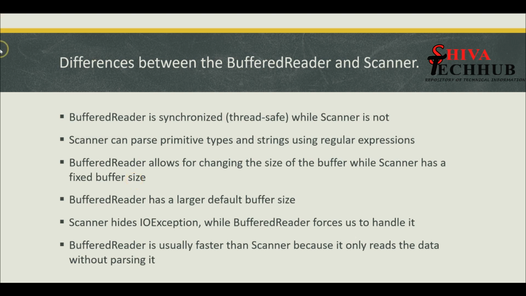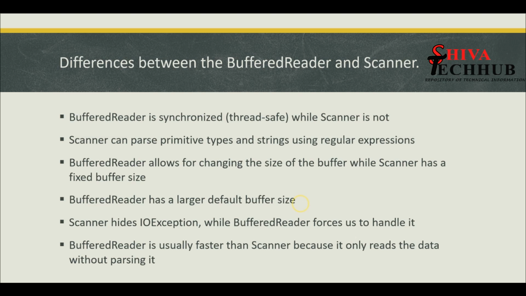Now let us understand BufferedReader and Scanner in the other way. BufferedReader has a larger default buffer size. So whenever you are creating a BufferedReader object, the size allocated for that object is more than what is required.